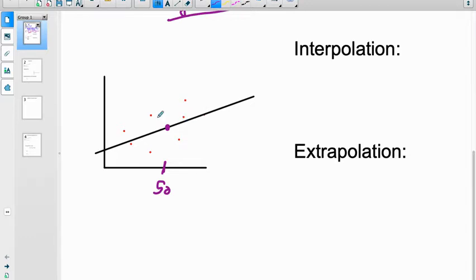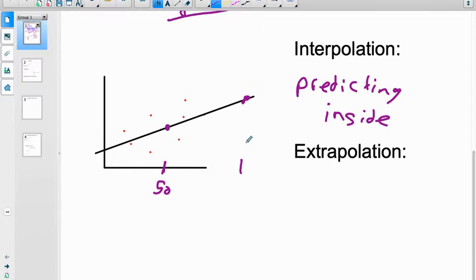Sometimes the points are closer to the line, sometimes they're further away. If we wanted to predict at like 100, we could take a guess at what was out there. Interpolation is predicting inside our data set, like predicting at 50. Predicting at 100 is extrapolation, so predicting outside.